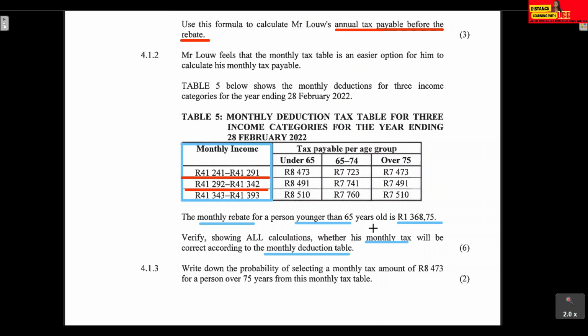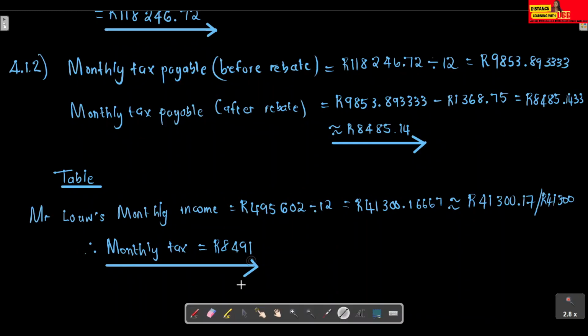So we already know that Mr. Lowe is 53 years old. So because he's 53 years old, he is under 65. Therefore, the monthly tax, according to this table, that he has to pay is 8,491 rand.